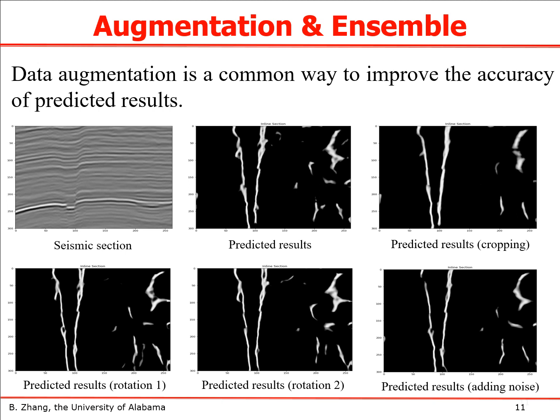And this result is the upside-down flip of the training data, and this result is the left-right rotation data. And here, the last figure is the result after I add additional noise to the training data.